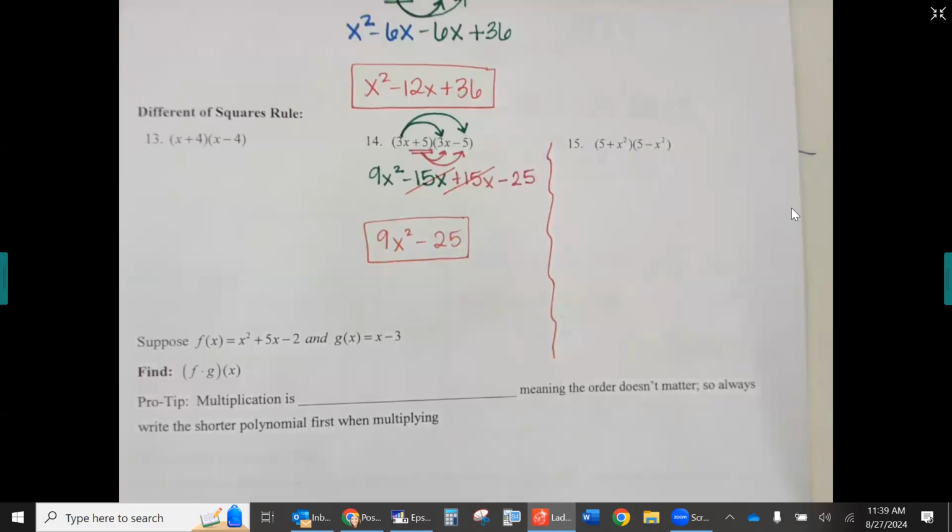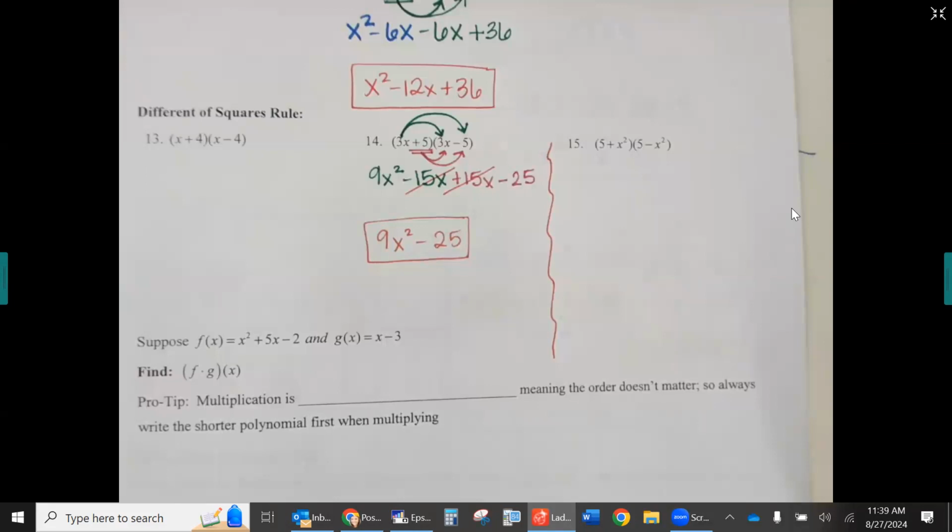And then what is 5 times minus, and remember that's like a minus 1. So it's 5 times -1. And then just keep the x squared.